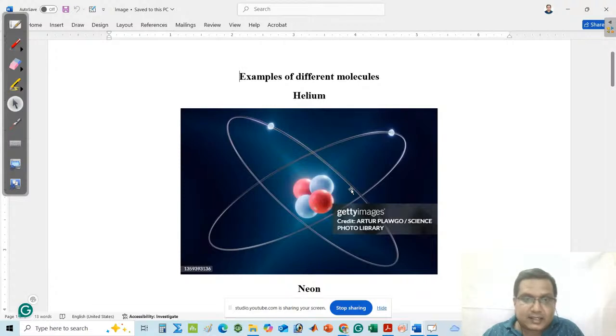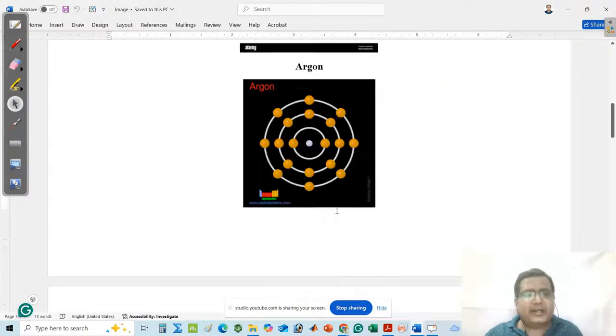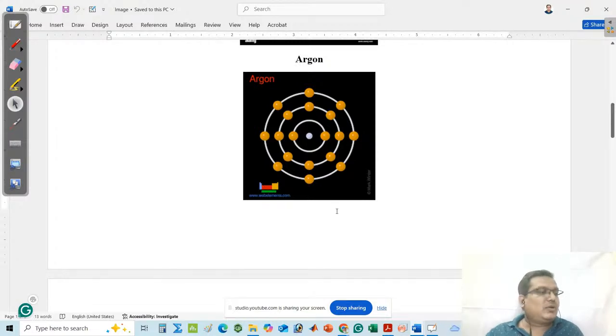That's why they are said to be more stable. Every element wants to make a stable electronic configuration by following the octet and duplet rule.